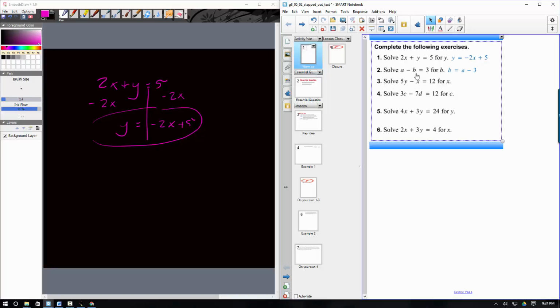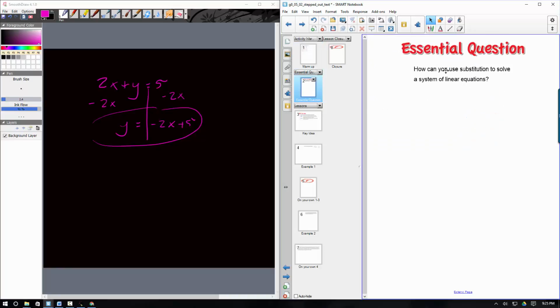So I'd have to multiply both sides by negative 1, or I could have moved this over first, so I'd have a positive b plus 3 equals a, and then subtract the 3 over. This one here, x equals 5y minus 12, c equals 7/3 d plus 4, y equals negative 4/3 x plus 8, and then finally, x equals negative 3/2 y plus 2.